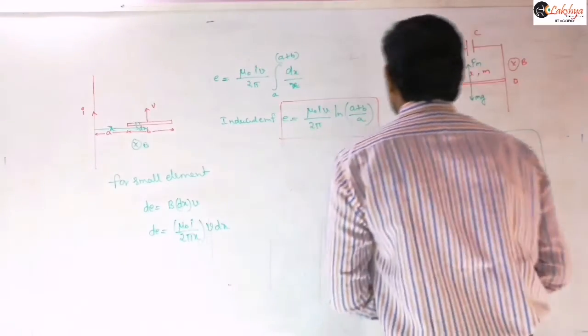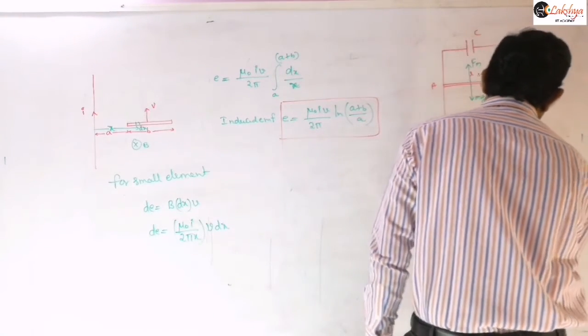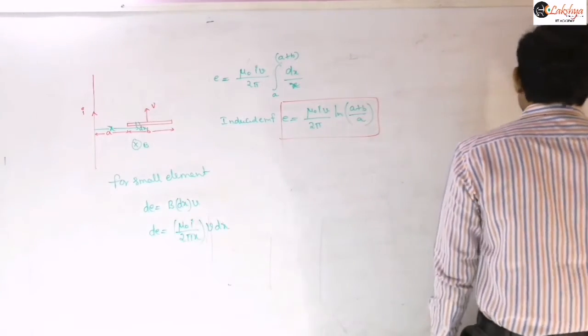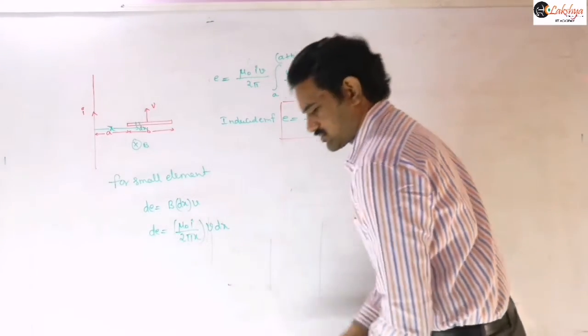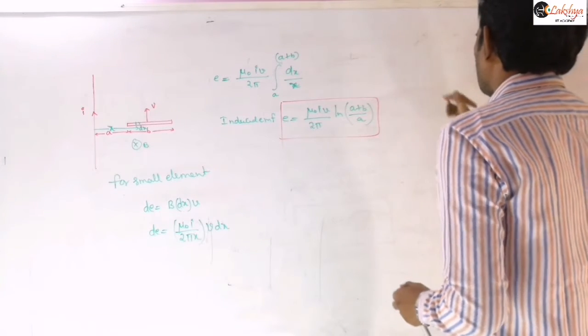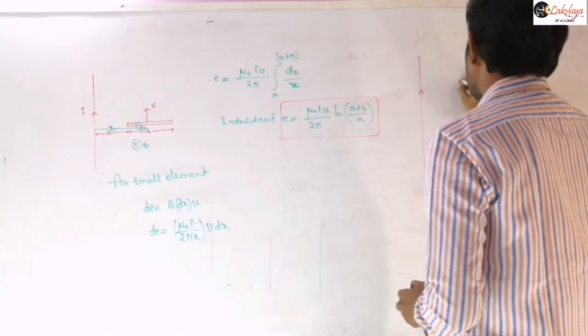And so next, similarly, instead of this, sometimes they will give some loops there. A conducting closed loop may be placed, or it may be moving in non-uniform fields. So let us consider that case now. So this is our wire here.